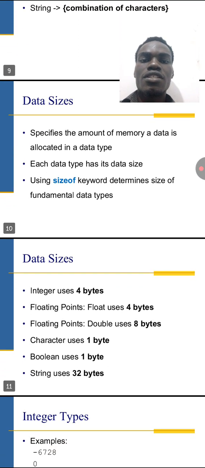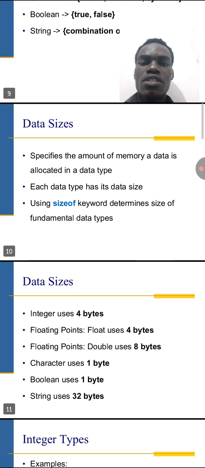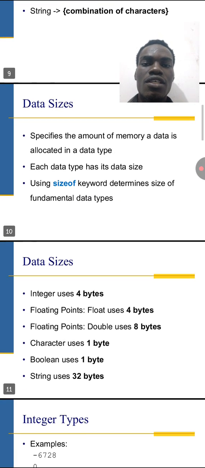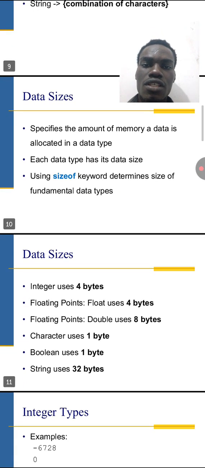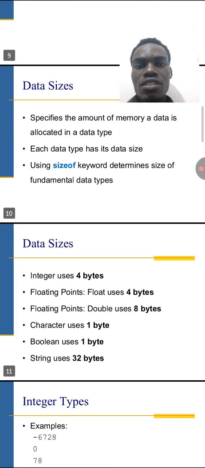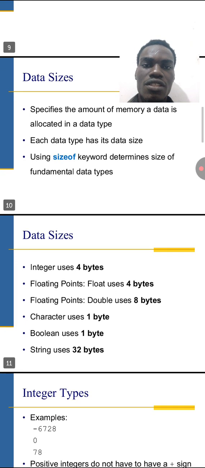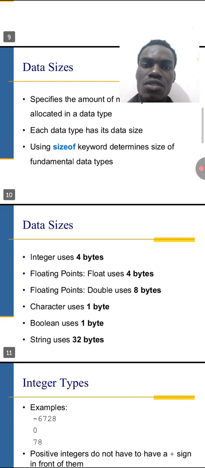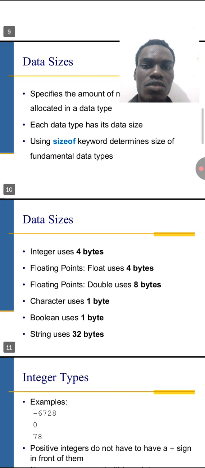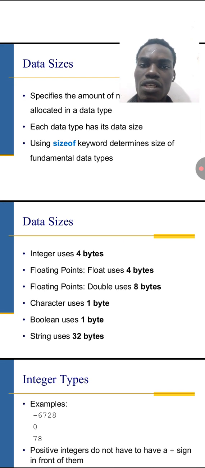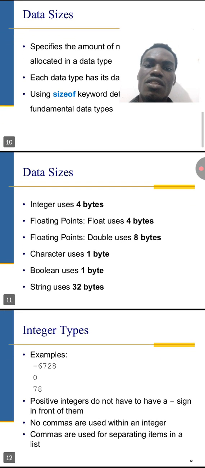Let's look at data size. Data size specifies the amount of memory allocated to a data type. Each data type has a data size. Use the sizeof keyword to determine the size of fundamental data types.